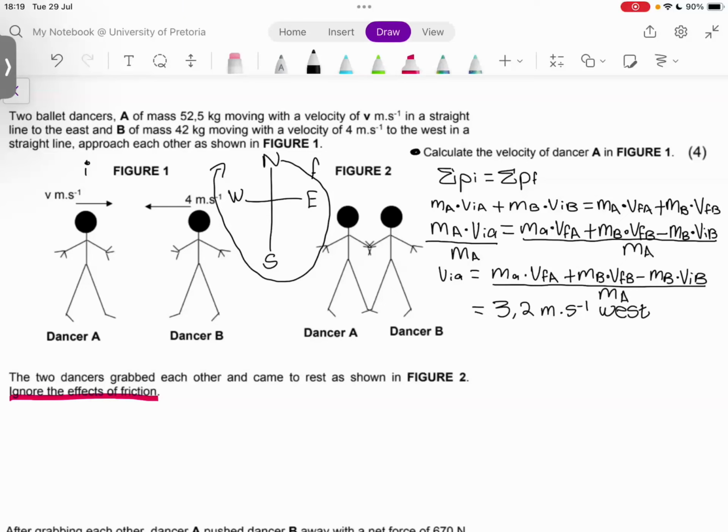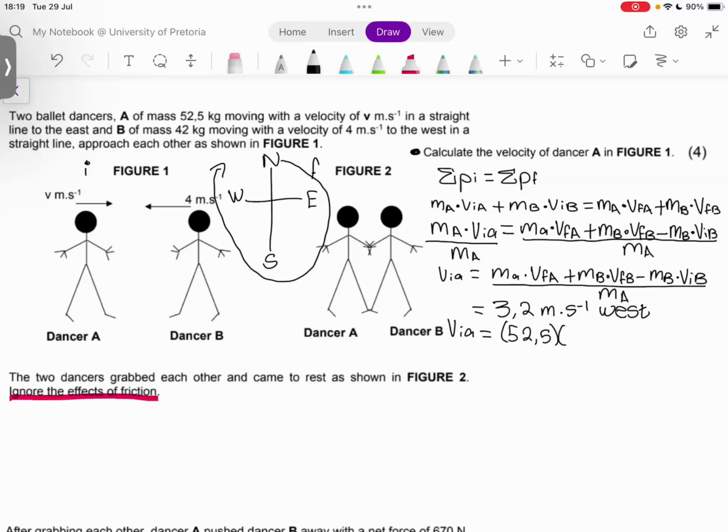Cool. I am seeing a couple of people in the chat asking me to substitute in the values. I'll do so. If I substitute in the values, in place of MA, 52.5. For now, I'm just going to omit the units.